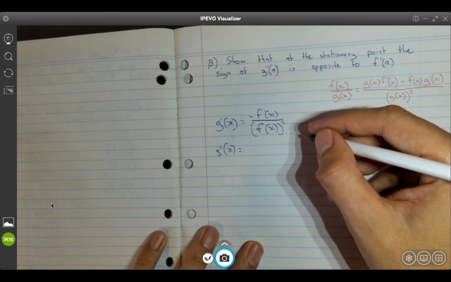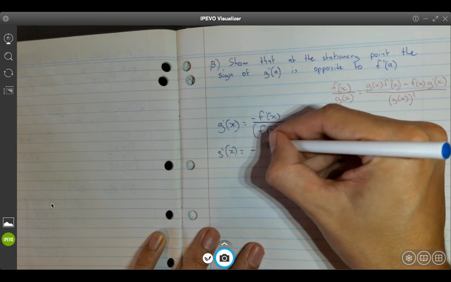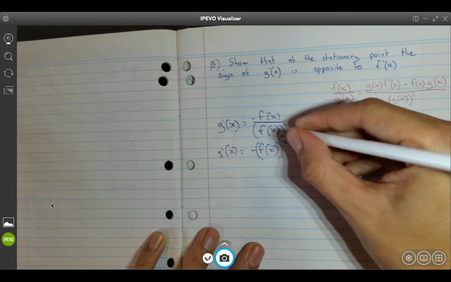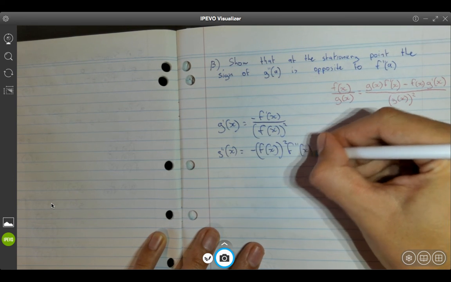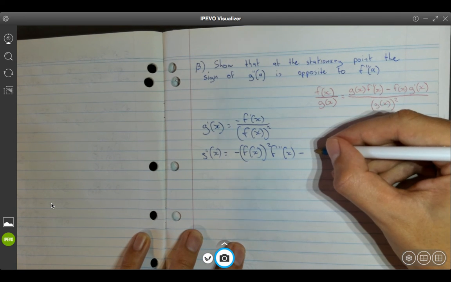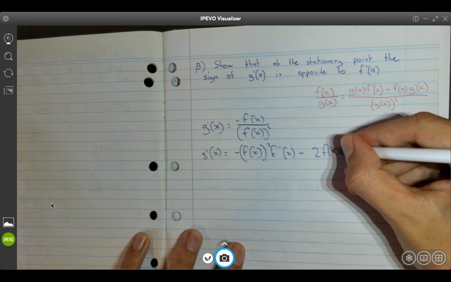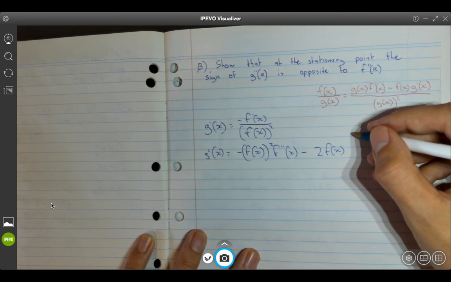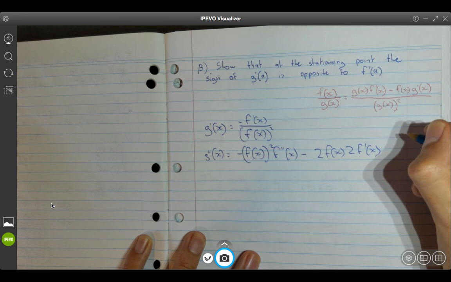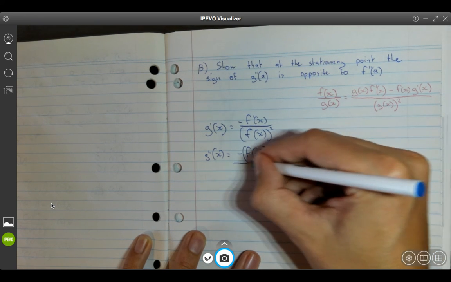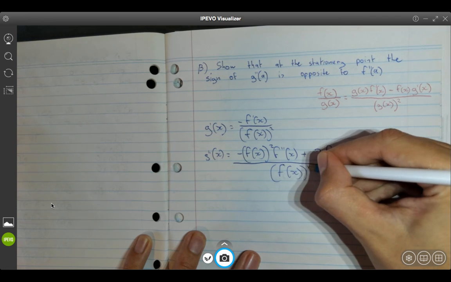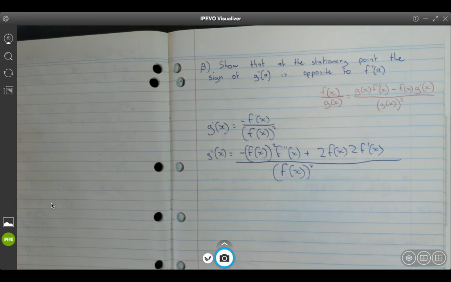What we're going to get is minus f of x squared, f double prime of x, minus 2 f of x, 2 f prime of x, and we have another negative in there, so that's going to be positive. It's going to be all over f of x to the power of 4.